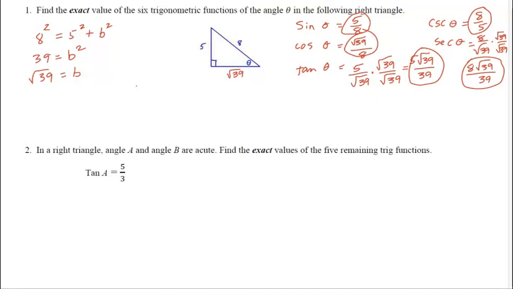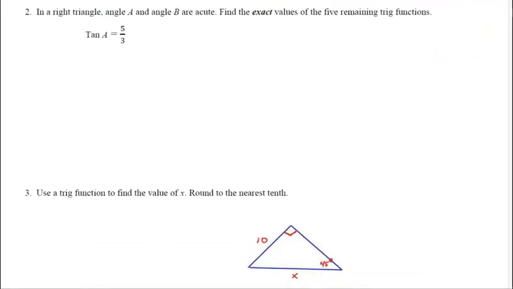And then tangent's reciprocal is cotangent. And I think the easy thing to do, instead of trying to take this, which you could take this and flip it over, I would just take this version and just do the square root of 39 over 5. And there's the answer for number 1.